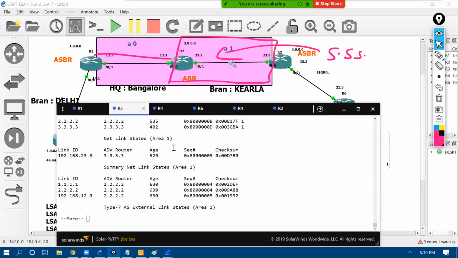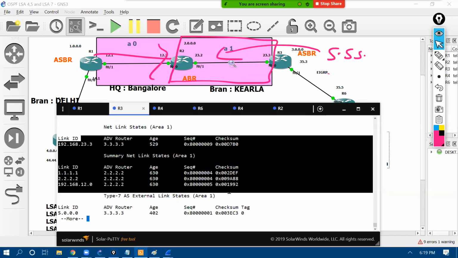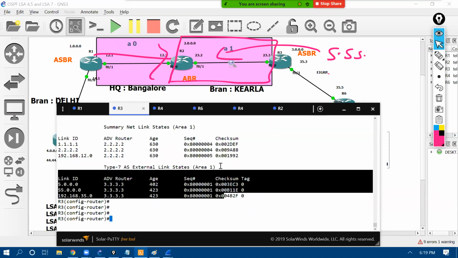That is also what I want. Both I am getting in this case. So R3 does not have LSA 4 and 5, but it has LSA 7, that is this one. And this route will appear as N2, type 2, by default, and the metric will be 20.